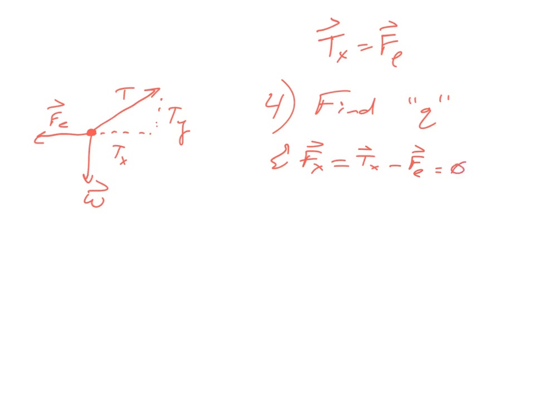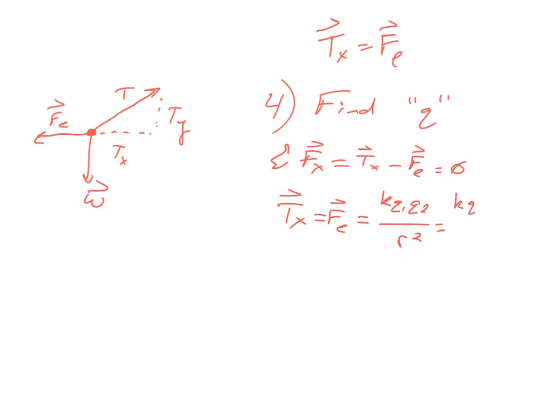So we know that Tx equals Fe, but Fe equals K Q1 Q2 over the separation distance squared, where Q1 would be the charge of the one balloon and Q2 is the charge of the other balloon. I said this in my demonstration video, let's assume that both the charges are the same.